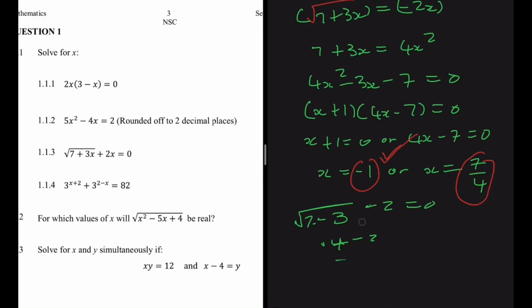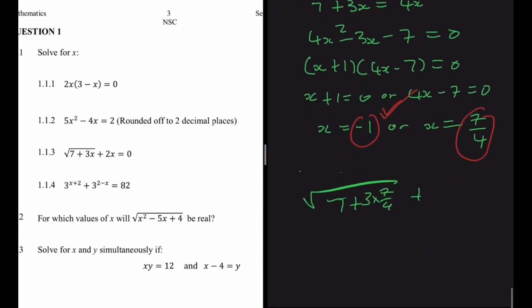Let's check the other solution which we have. So we have square root of 7 plus 3 multiplied by 7 divided by 4 plus 2x is equal to 0.